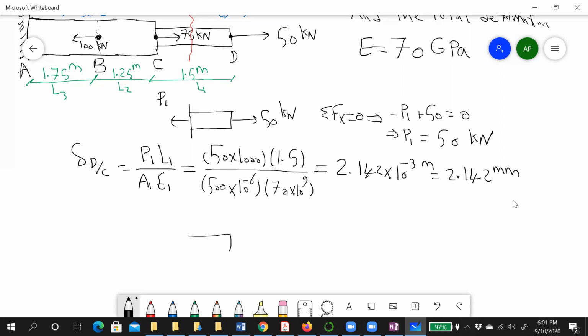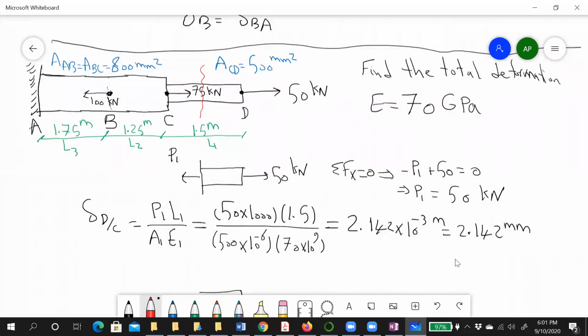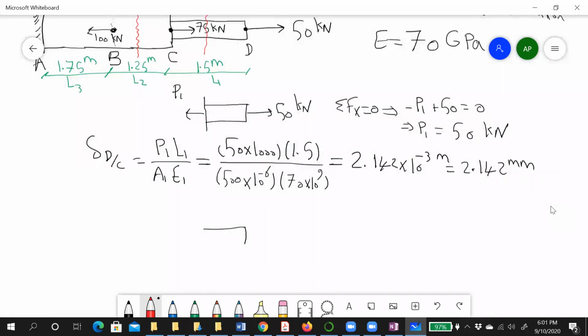Let's make a section somewhere here between C and B. That's just statics, right? You remember in statics, once we want to analyze the beam, we make a section.